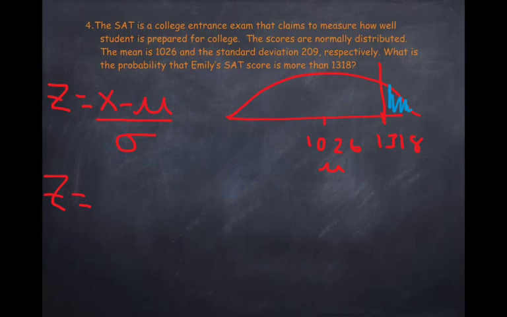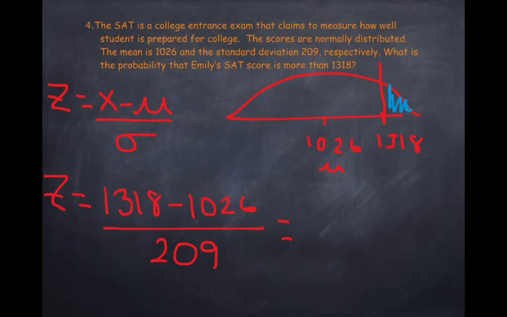And so what you're going to do is find the z-score first. You're going to have Emily's score as your x, 1318, minus the mean, 1026, divided by the standard deviation, 209. If you work that out, you should get 1.397, and so if you round, 1.40.